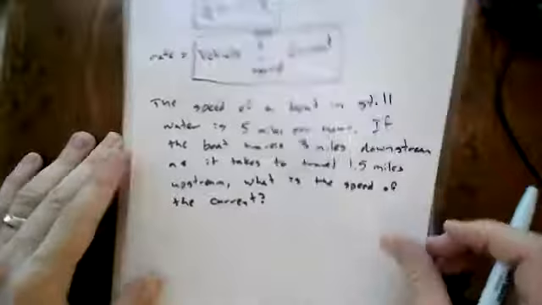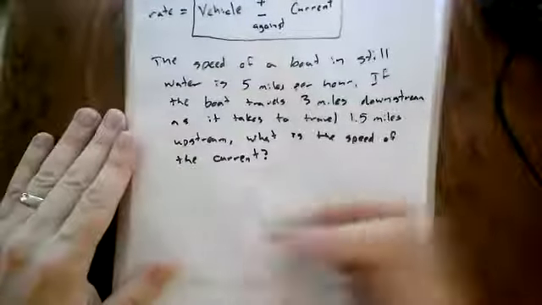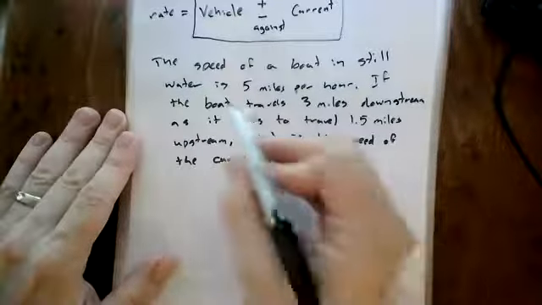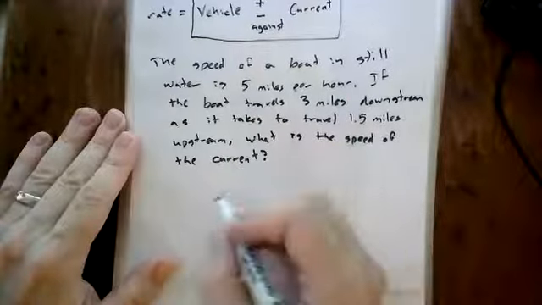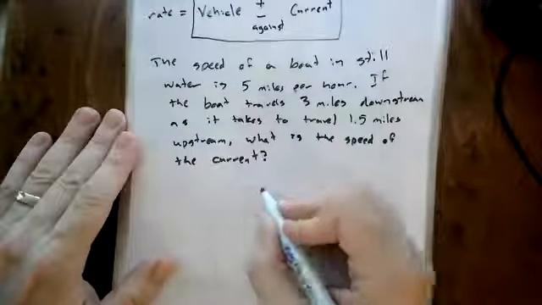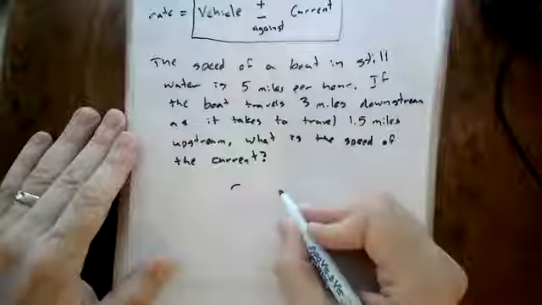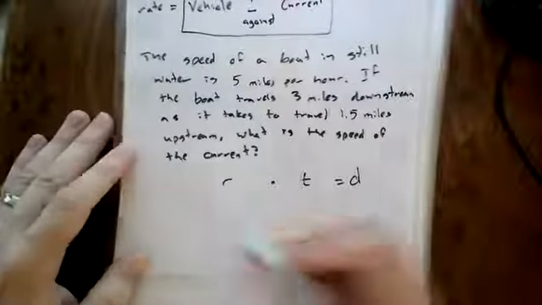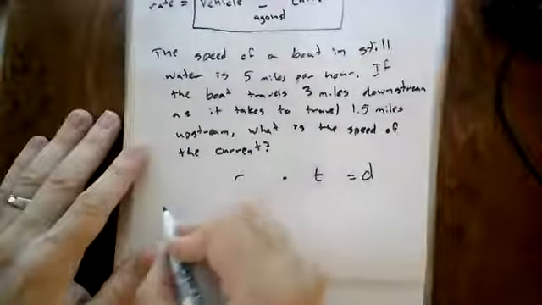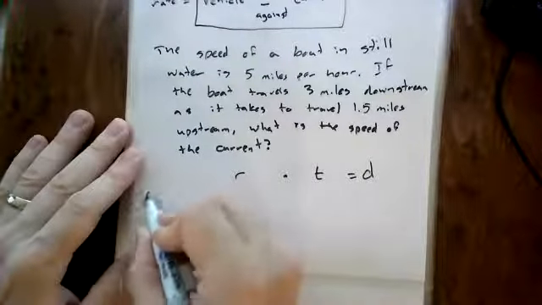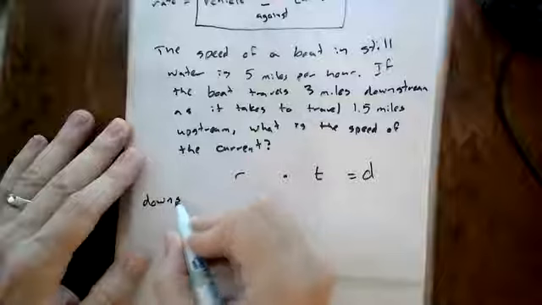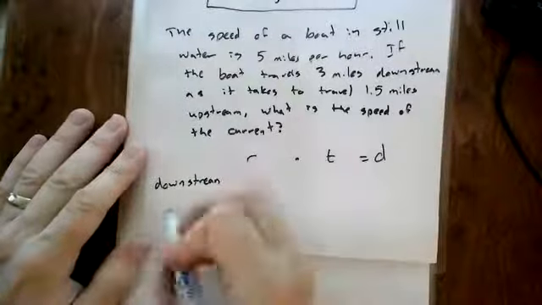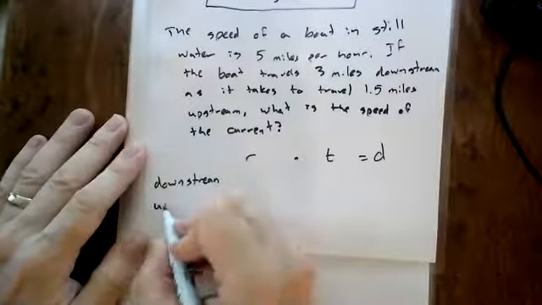So here we've got the speed of the boat. We know that the speed of the boat is 5 miles. We don't know what the speed of the current is. So I've got my rate times time is equal to distance. I can think of this as downstream and upstream.